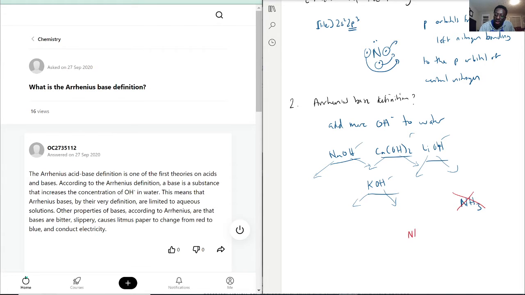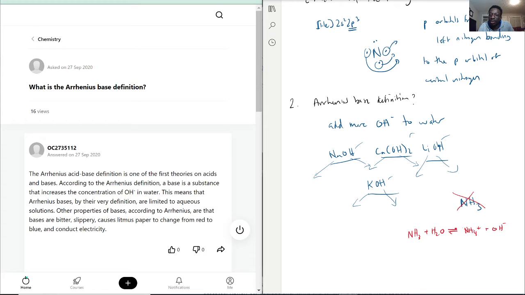It would go NH3 plus H2O turns into NH4 plus OH minus. So there is technically a way, and maybe you can contest it, but the goal here is just to see when it dissociates.